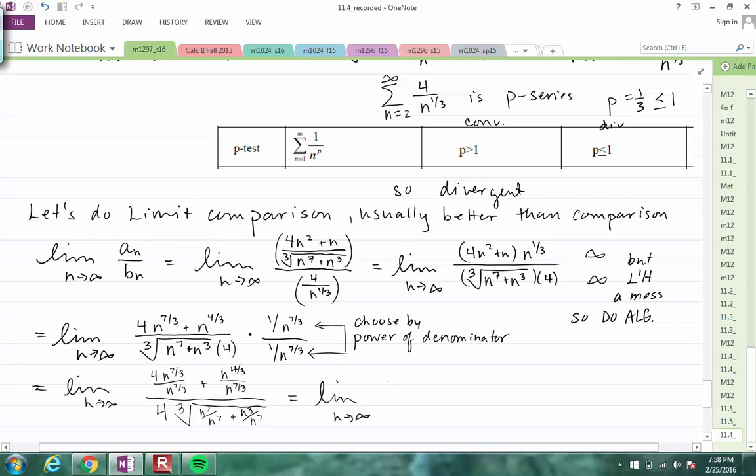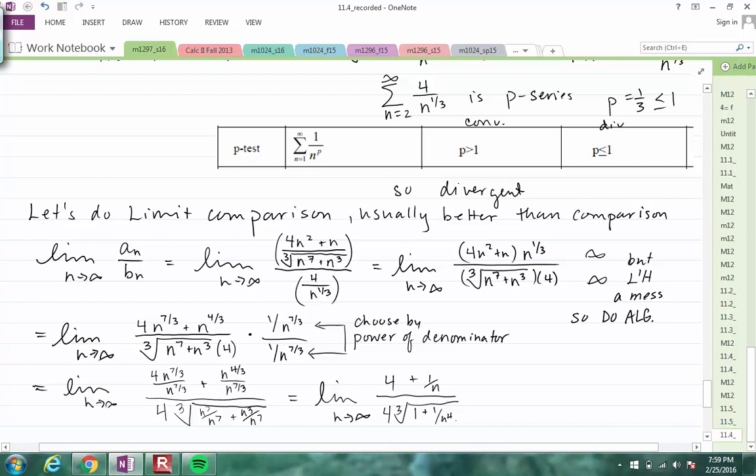Reduce each of those fractions, we get 4 plus, and then here we're going to get n to the -1, which is 1 over n, all over 4 times the third root of 1 plus 1 over n to the 4th.